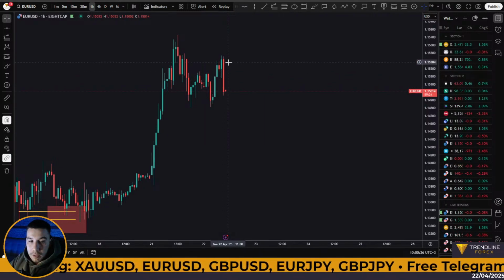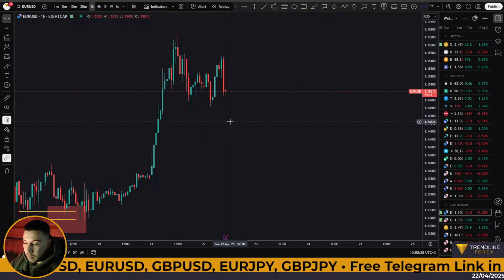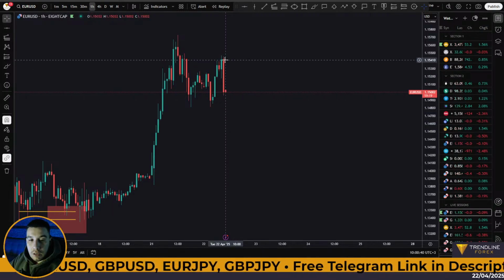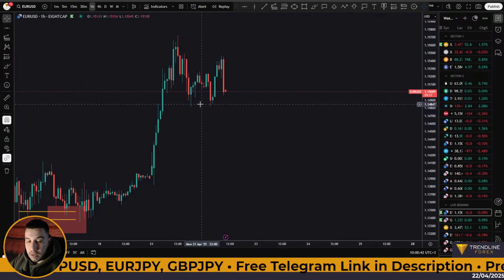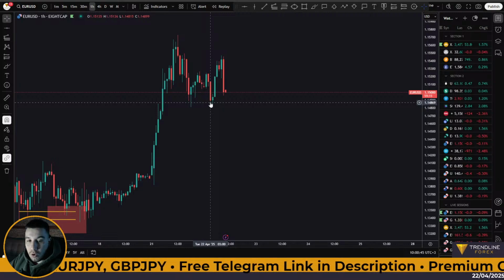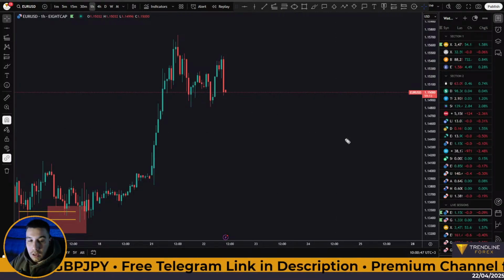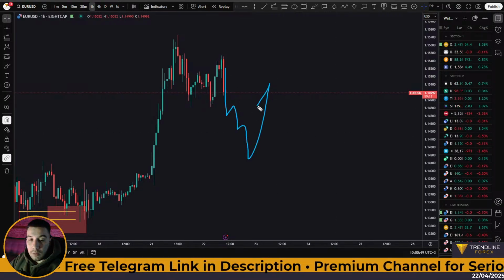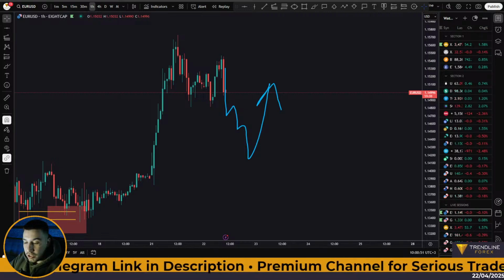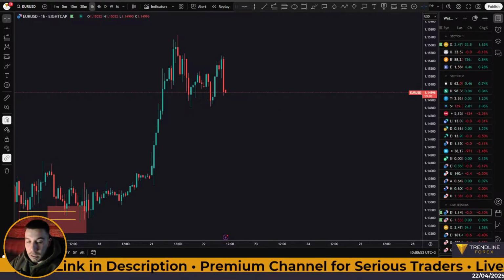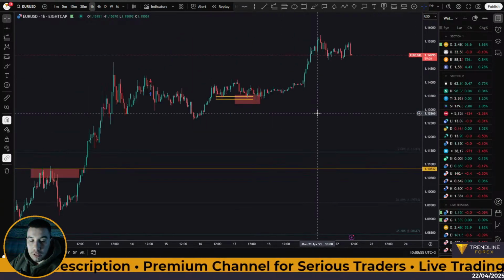So maybe a little bit of a pullback won't hurt anybody, right? So I am expecting to see price maybe breaking below those lows right here, and then going back to the upside. So this is something that I'm going to be looking at for potential entries.